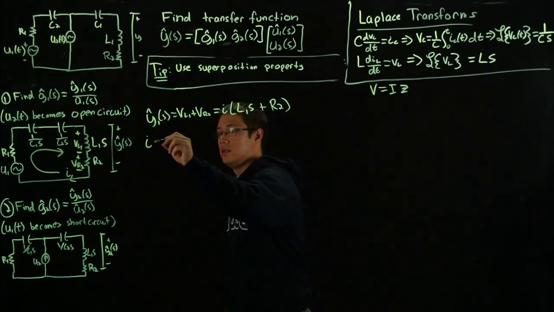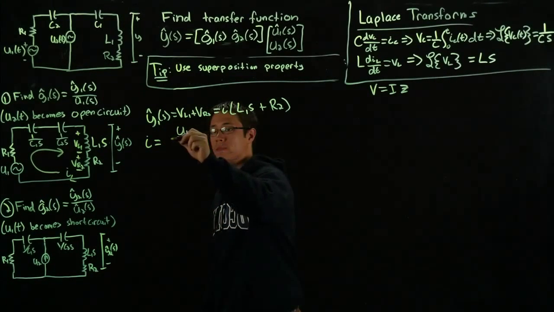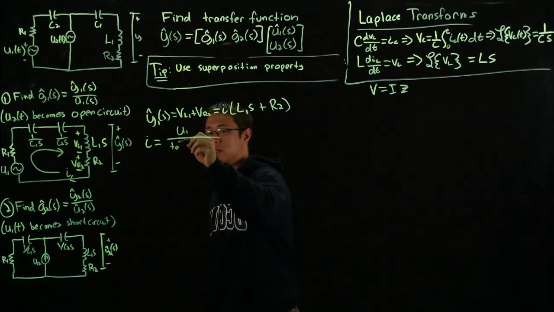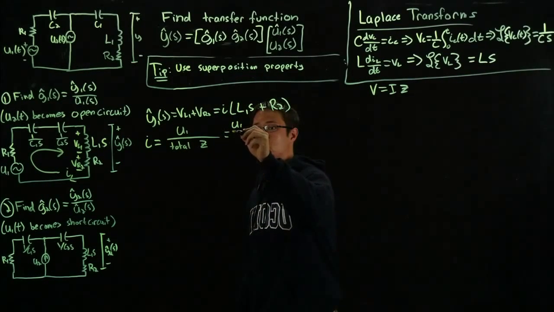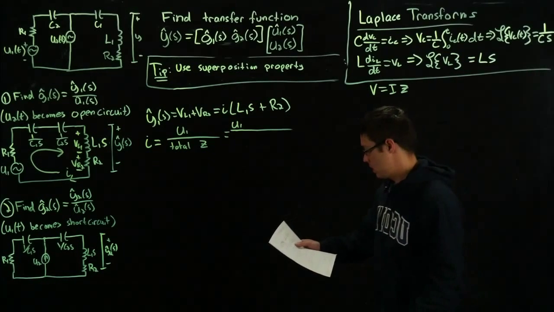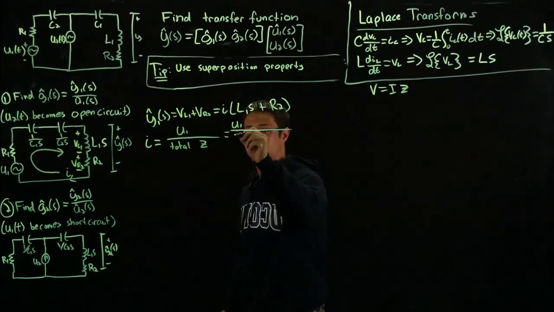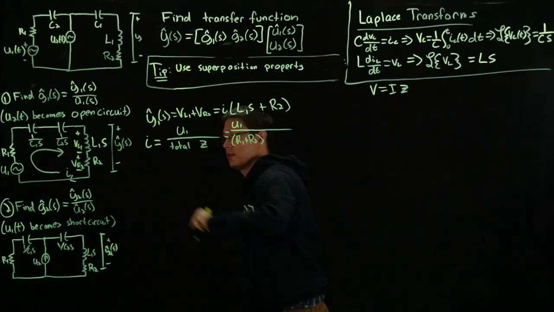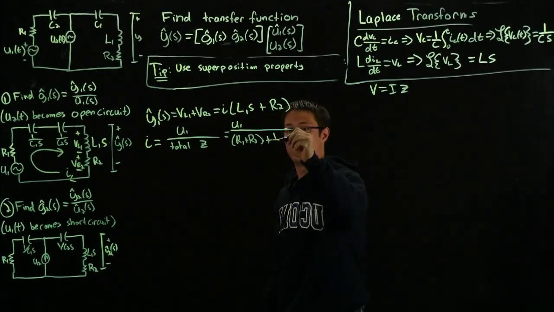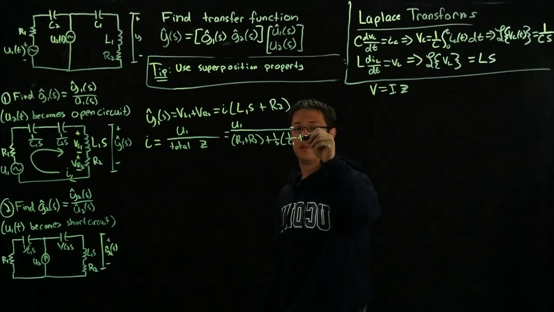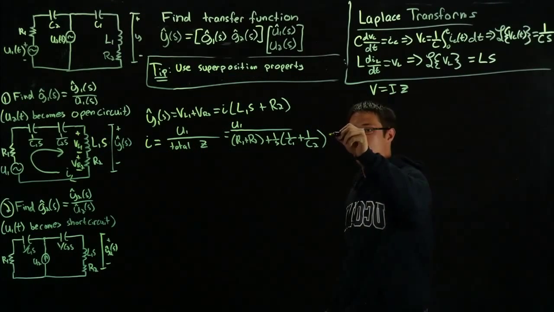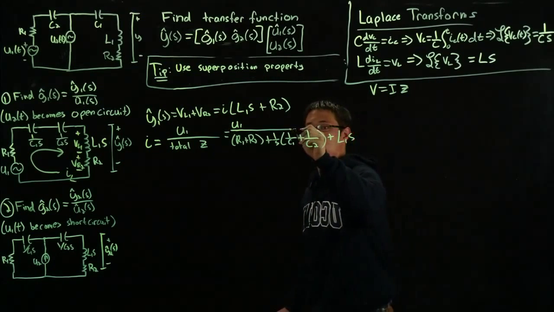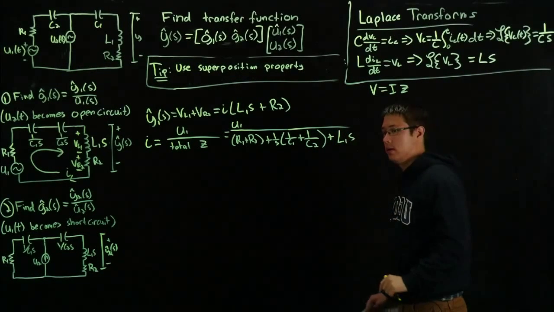I is equal to U1 divided by the total impedance, which is equal to U1 over, grouping like terms together, R1 plus R2 plus the two capacitances, 1 over s C1 plus 1 over s C2, plus the inductance, L1 s. That's pretty straightforward.